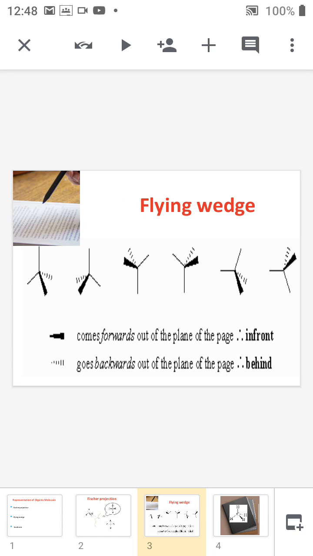See here, I have shown one paper in the slide, and above this an observer is pointing a pen above the paper. So consider that two of the valencies of the carbon atom are in the same paper, one is above the paper, represented by the pen, and the other is on the back side of the same paper. This is the flying wedge representation.